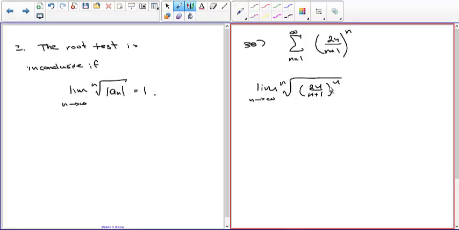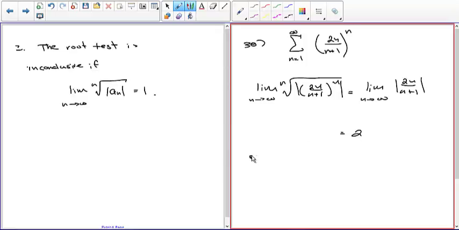And the nth root of something to the nth power is just what we're originally raising to that power, so it just becomes the limit. And I guess it's the absolute value too. I've got to put the absolute value in here. So that just becomes the absolute value of 2n over n plus 1. And that is 2, because you have the same highest order term in the numerator and the denominator, so you take the ratio of leading coefficients and you get 2.